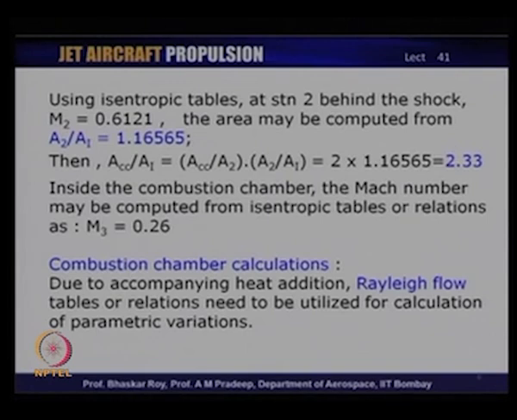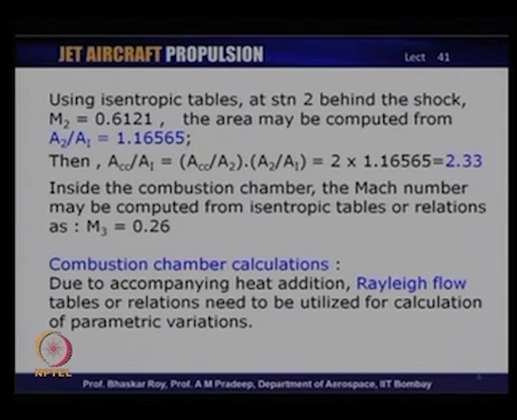Then one can find the area at the combustion chamber, and that would be given in terms of the area ratio across the duct and the area ratio across the intake face. The product of these two comes out to be 2.33, that is the area ratio between the combustion chamber and the intake face, or one may call the intake throat, where the normal shock is essentially standing.